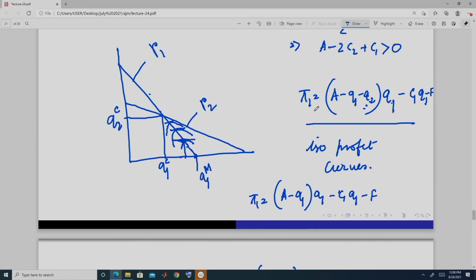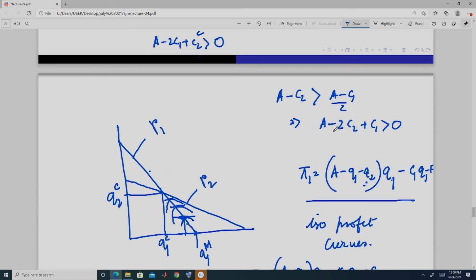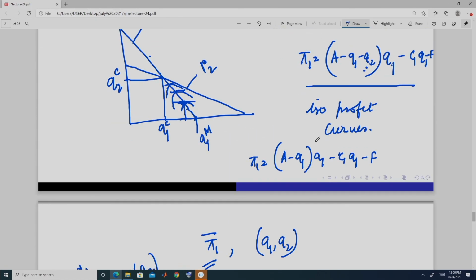Isoprofit curve means this curve, so the combination of Q1 and Q2 such that profit is the same.